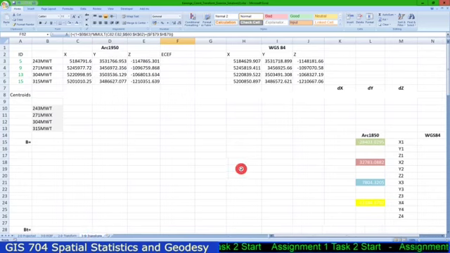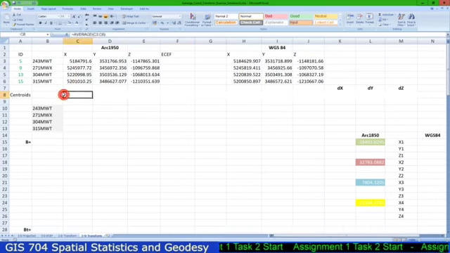So what have we got? We've got our Arc 1950 X, Y, Z Earth-centered, Earth-fixed coordinates, all of them, and we need to calculate the centroids. So the first thing we need to do is calculate the centroids over there, and these centroids are simply the averages of those.